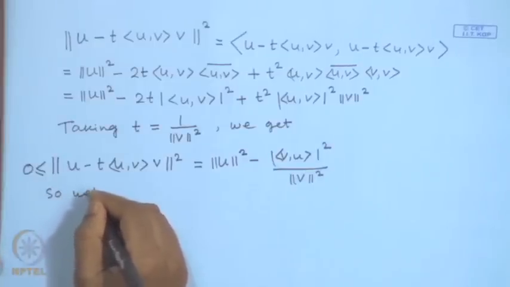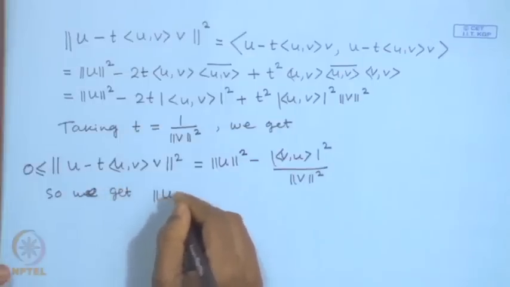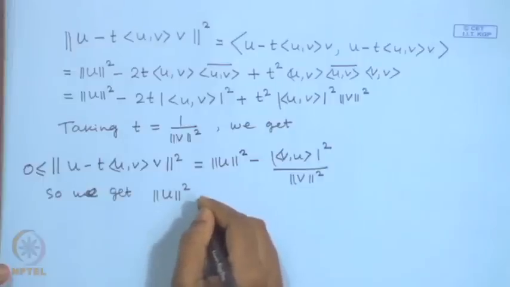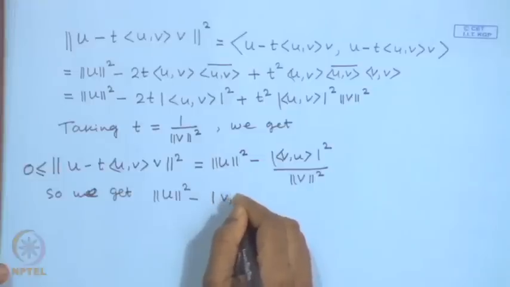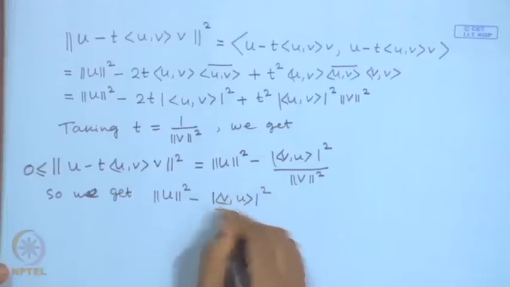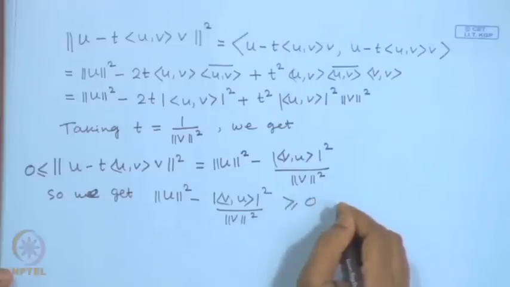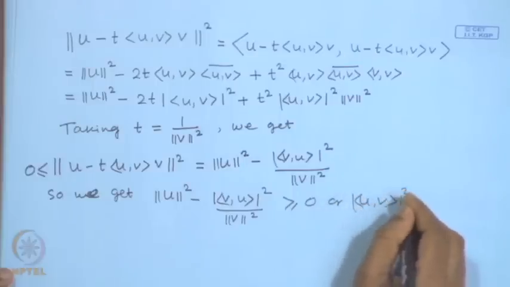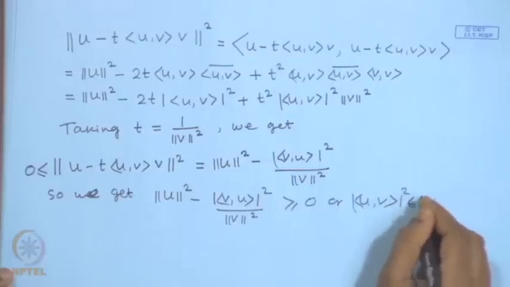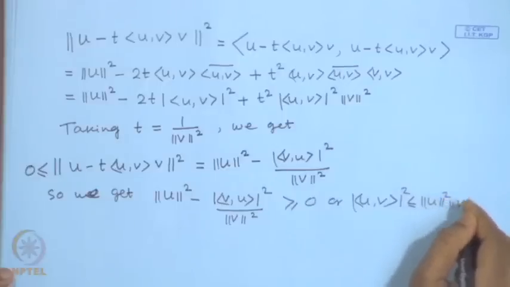So we get that norm of u square minus the absolute value of inner product of u, v square divided by square of norm v is greater than or equal to 0, or the inner product of u, v its absolute value whole square is less than or equal to norm u square times the square of norm v.